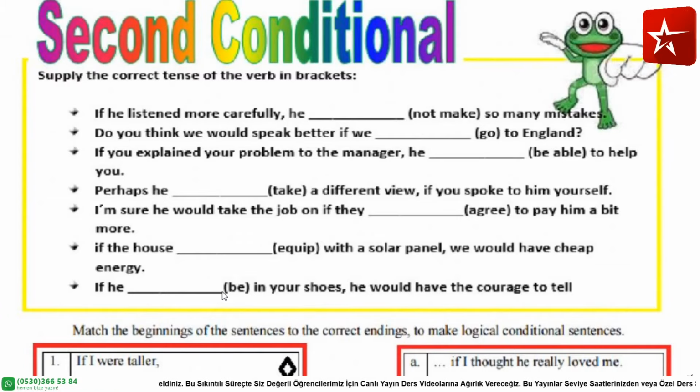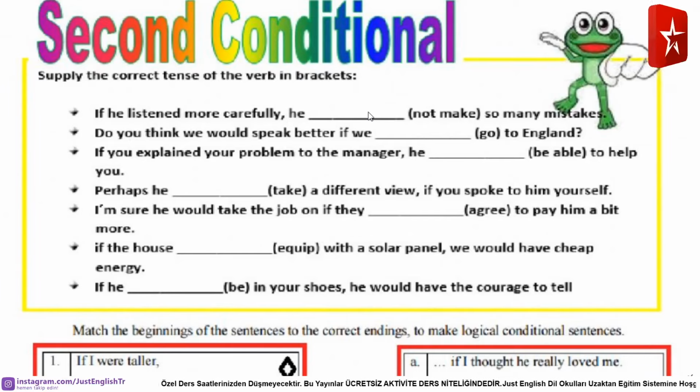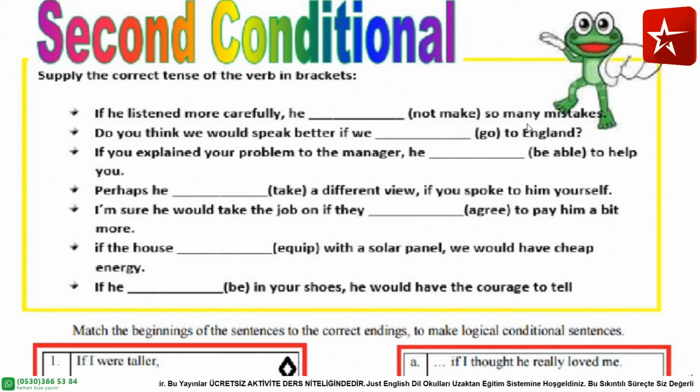If he listened more carefully, he, the past simple, and would and wouldn't. Yes, wouldn't make so many mistakes. If he listened more carefully, he wouldn't make so many mistakes. That's correct. Great. Wouldn't. Not Ismail Akkaya, not won't make, because this sentence is the second conditional type. That's why we should use would, not will not. Okay, wouldn't make so many mistakes.